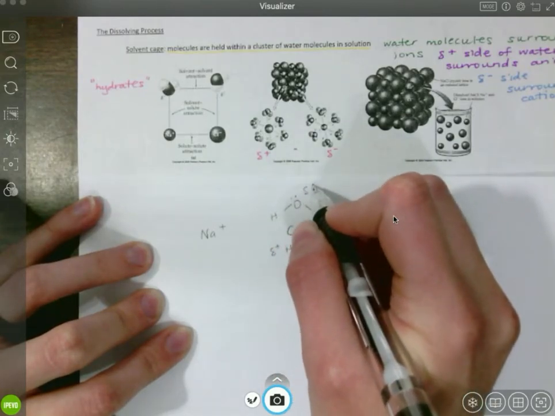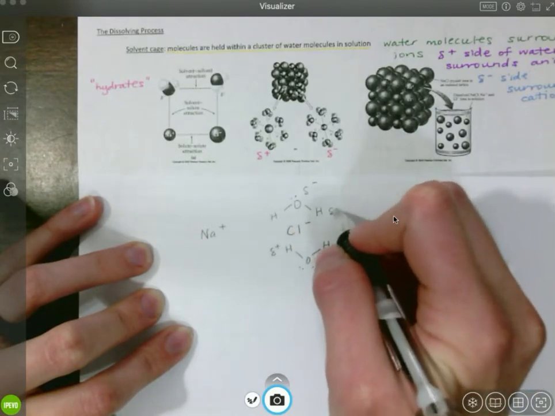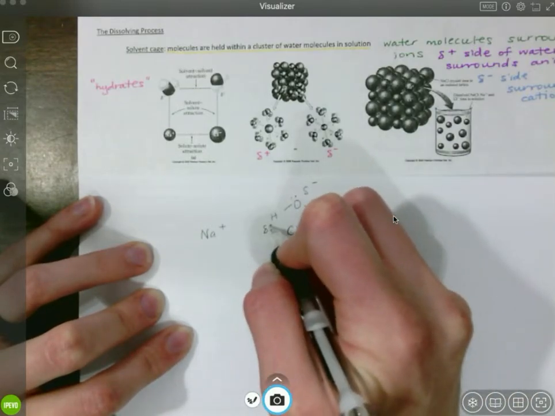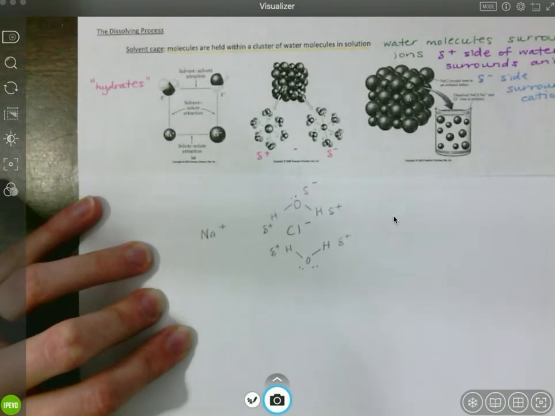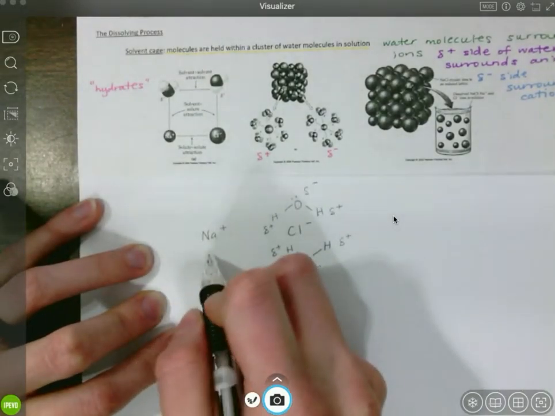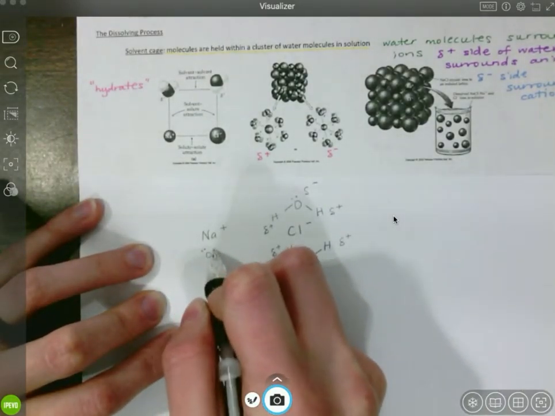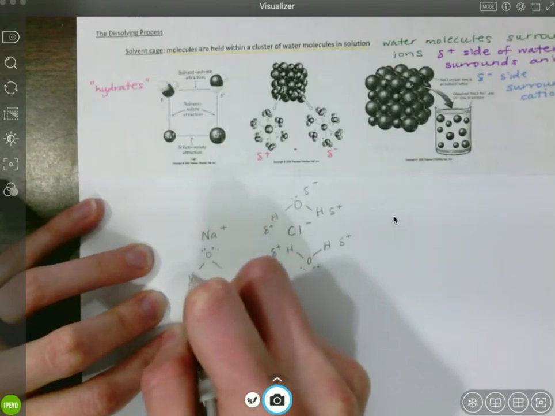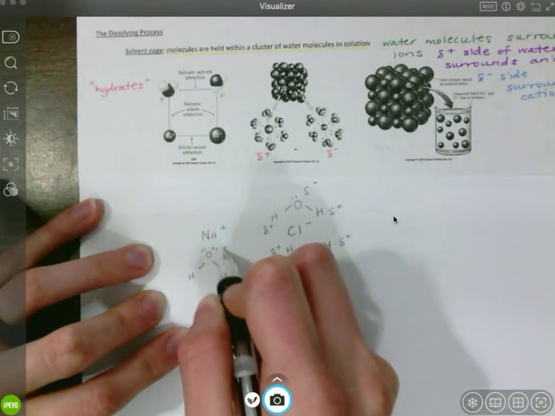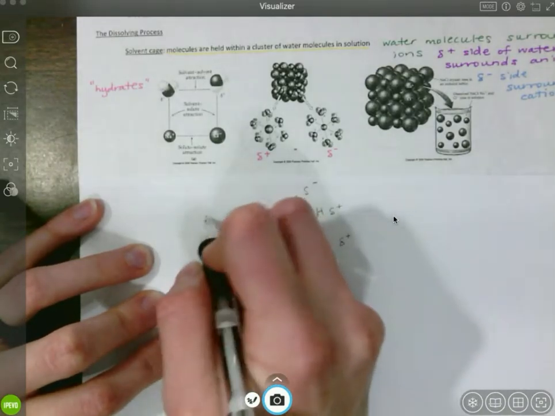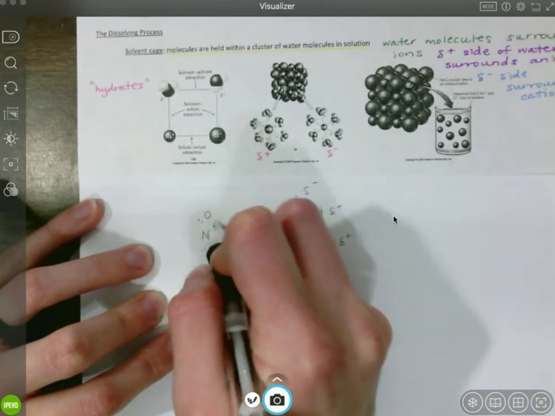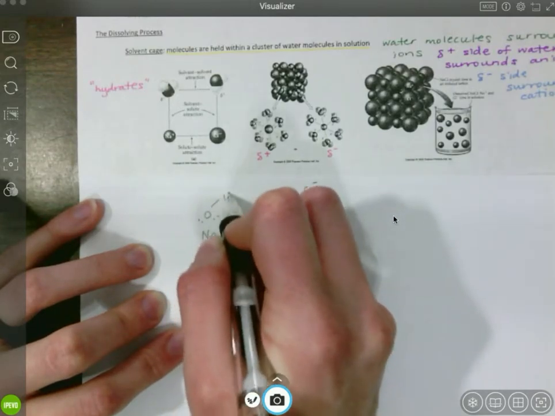And so water is going to orient itself because of the attractive forces between our cation and anion and these partial positive and partial negative charges. Likewise, for our sodium ion, the partially negative oxygen is going to be oriented towards our sodium and just surround the entire molecule.